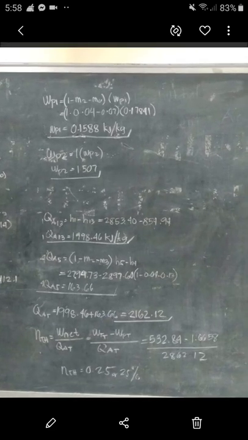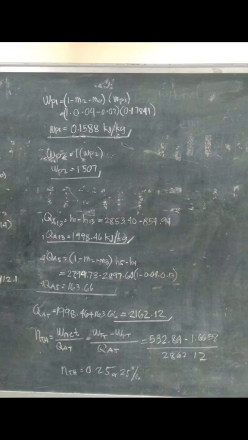Heat 13, we have H1 minus H13. We have to substitute also. We have the answer of heat 13 of 1998.46 kilojoules per kilogram.